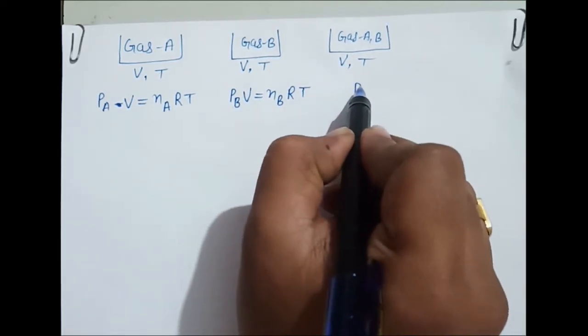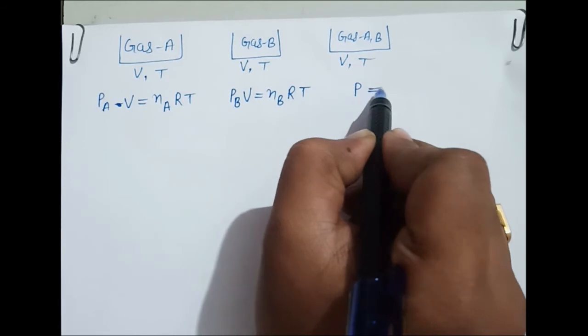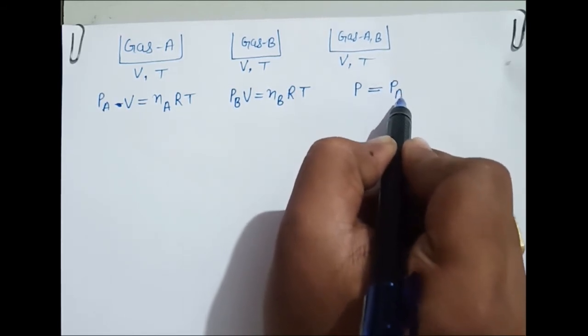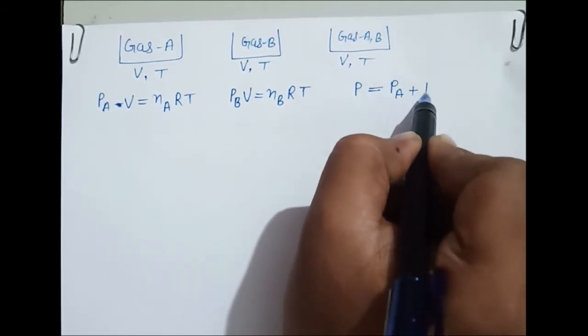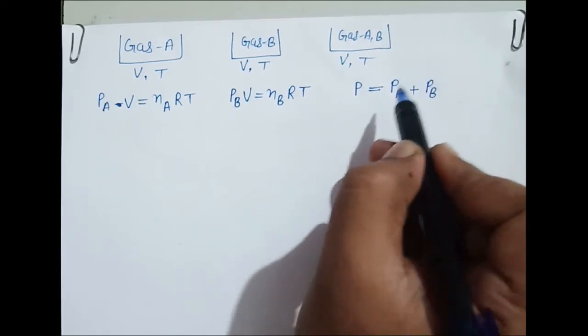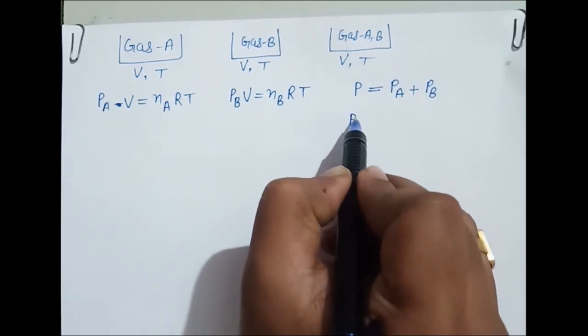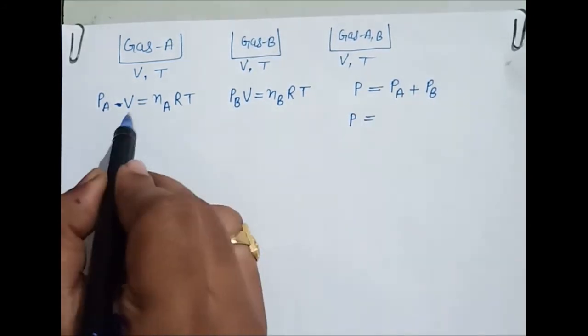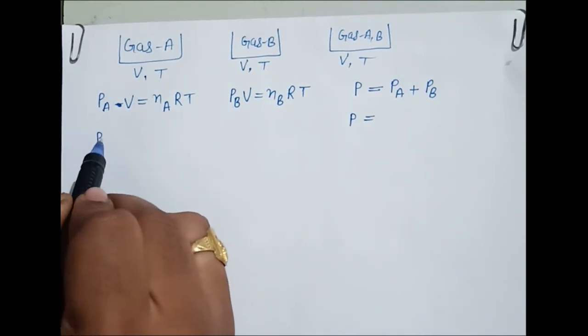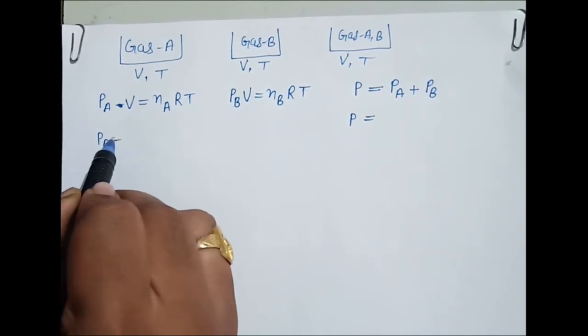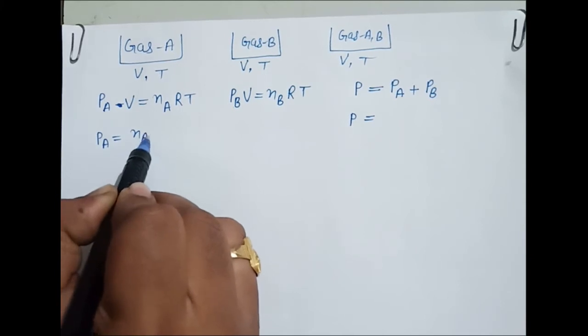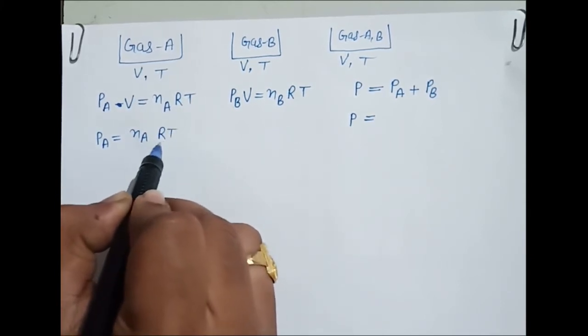And here also we will apply total pressure P is equal to PA plus PB as per Dalton's law. Now from this, what can we write? PA is equal to nA RT over V.